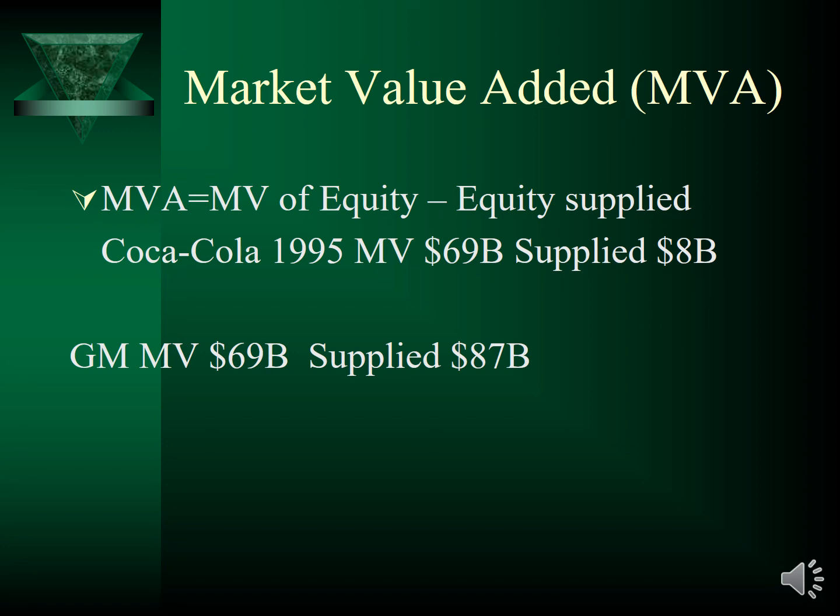In 1995, the market value of the stock was $69 billion and the equity that was supplied by investors was $8 billion. Likewise, the General Motors market value stood at $69 billion and the equity supplied was $87 billion. So we got two opposite cases: Coca-Cola that performed very well and General Motors that did not perform so well.